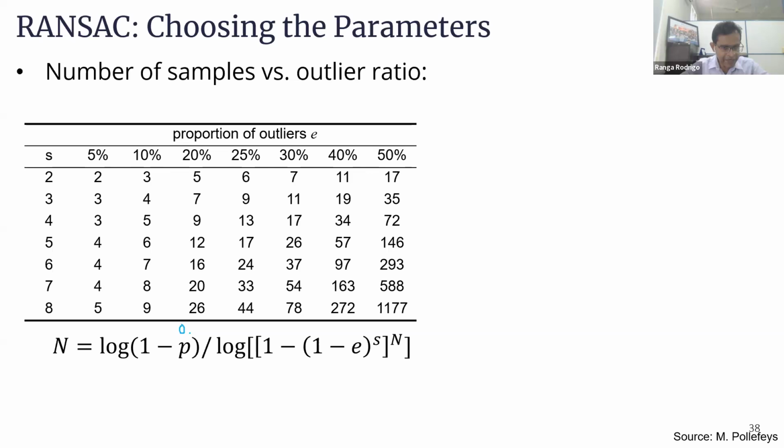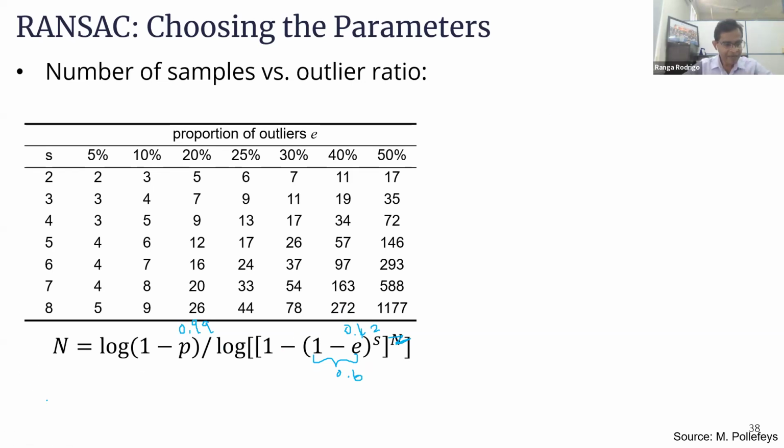So 0.99. This is 2. Again, this log thing we got. E is 0.4, so this one is 0.6 to the power of 2, right?